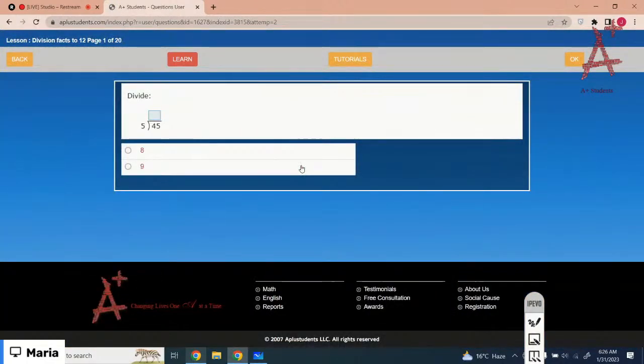Okay, let's start with the first one. You need to find 5 times what number makes 45. Basically, I'm going to do this method just one time because it's a bit long. You have to subtract 5 from 45 again and again until you get 0. Got it? 45 take away 5 is 40.